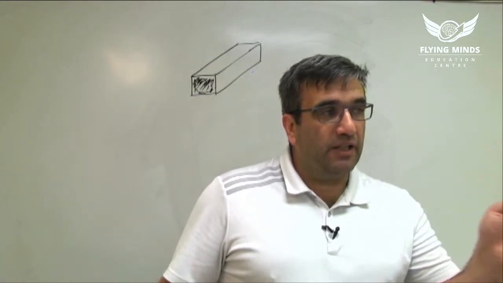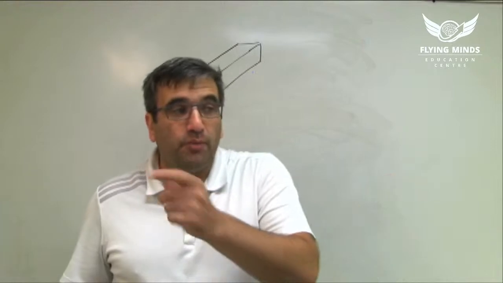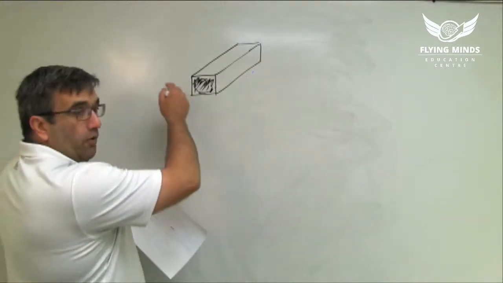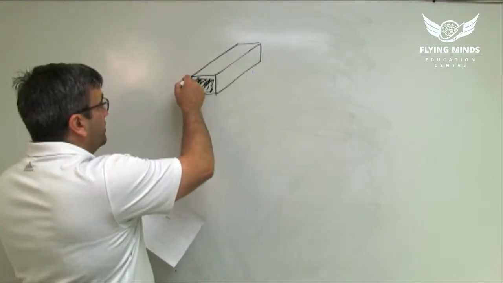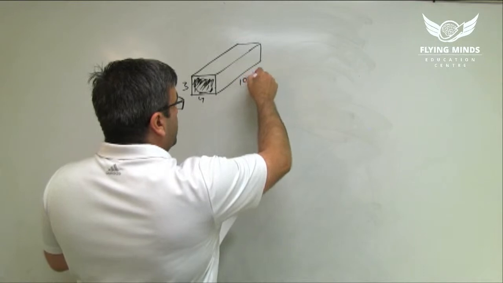So after the paint dries, Darren separates the two prisms. The total area of both prisms that has not been painted. So the dimensions are 3 by 4 by 10, in centimeters.